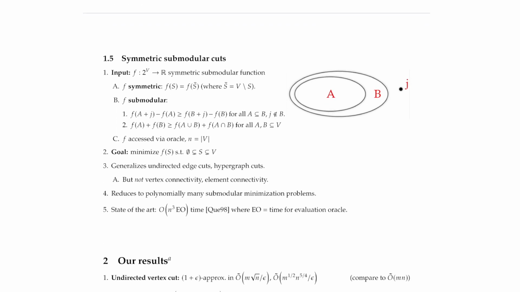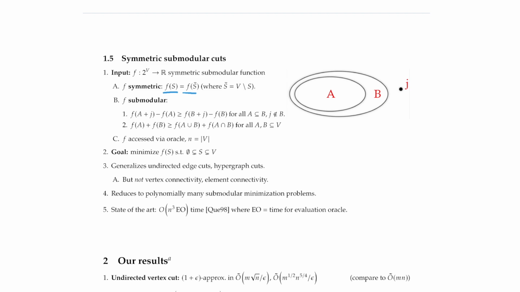Now, the final setting I'm going to introduce is symmetric submodular cuts. Here the input consists of a symmetric submodular function f. It takes some subset of elements and outputs a value. We say that f is symmetric if f of S is always equal to f of the complement of S, S bar. And f is submodular means f exhibits decreasing marginal return.